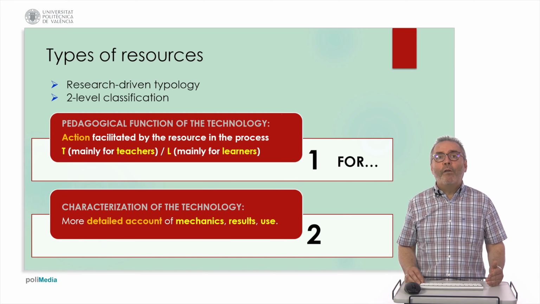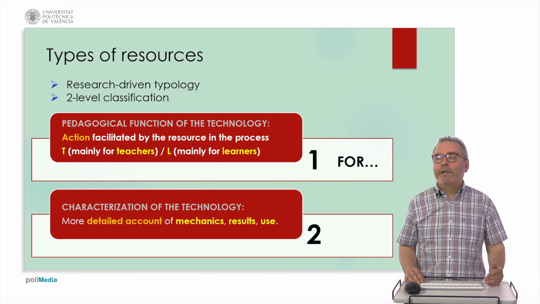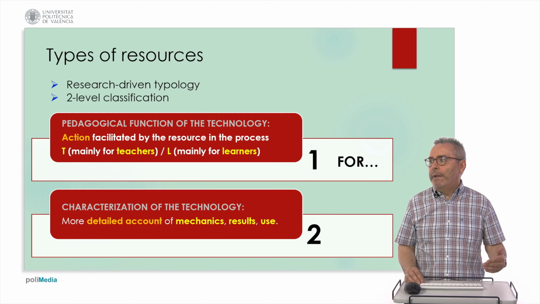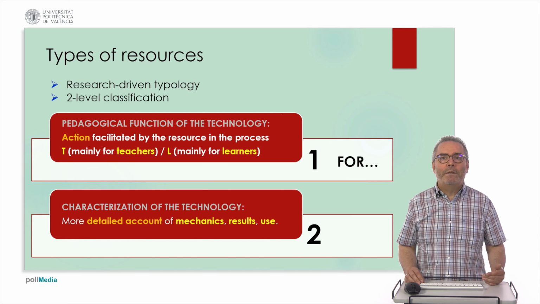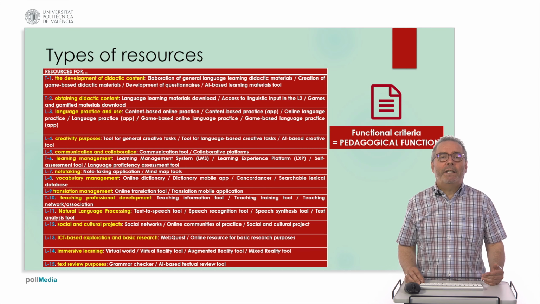The preposition "for" explains very clearly the functional criteria of this typology. The second level gives us more detailed information about the technology in terms of its mechanics, results, use, etc.